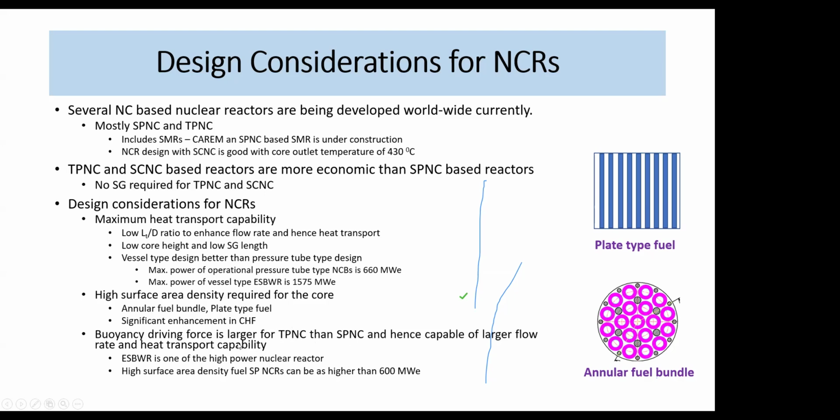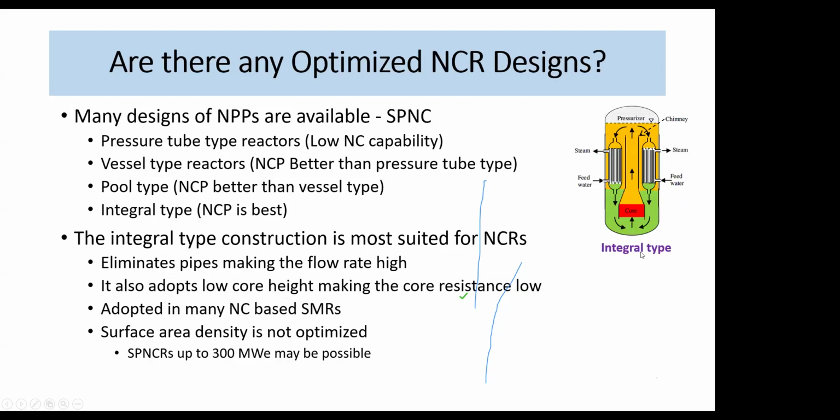And we already said the buoyancy driving force in single-phase natural circulation is less compared to two-phase and supercritical natural circulation. However, if you go to this kind of high surface area density, today people are talking about 300 megawatt electric for natural circulation single-phase reactors, but you can go up to 600 megawatt electric if you do this kind of thing.